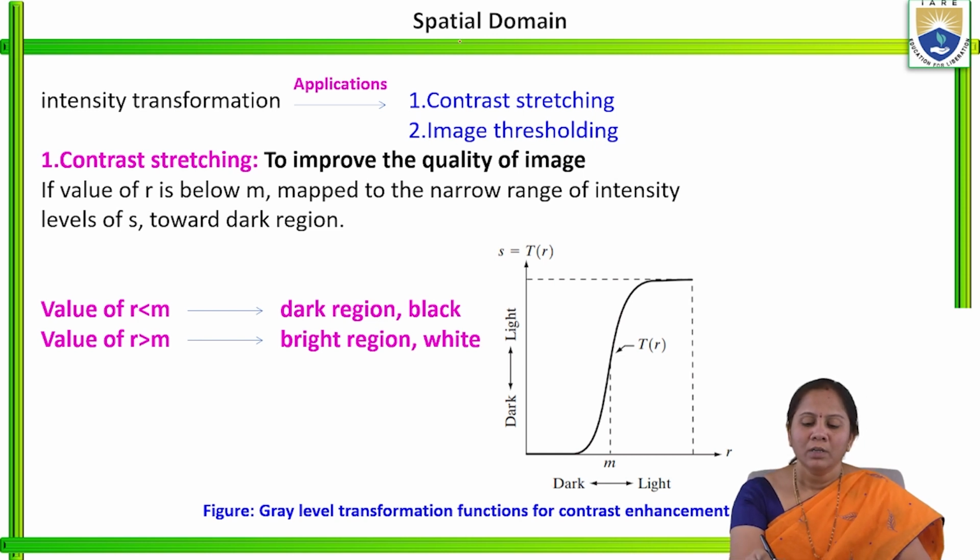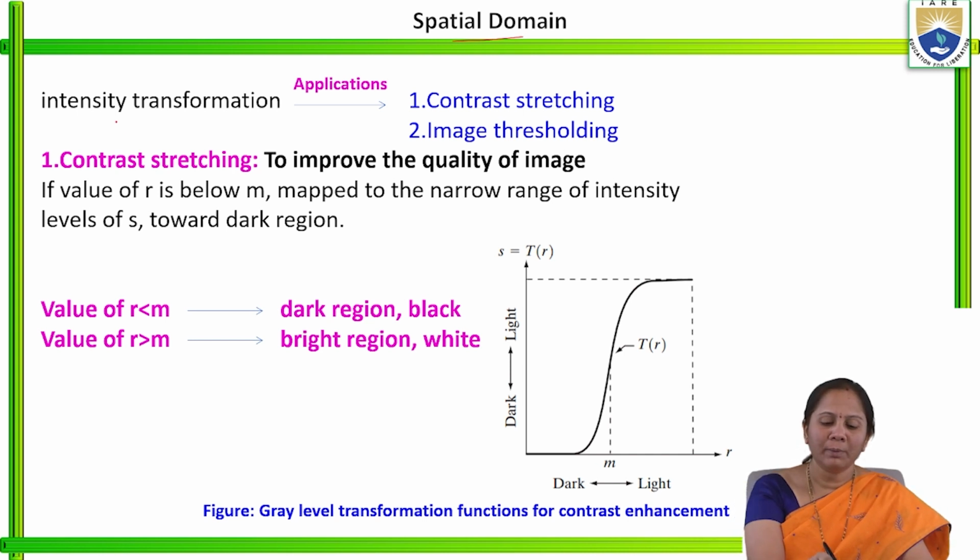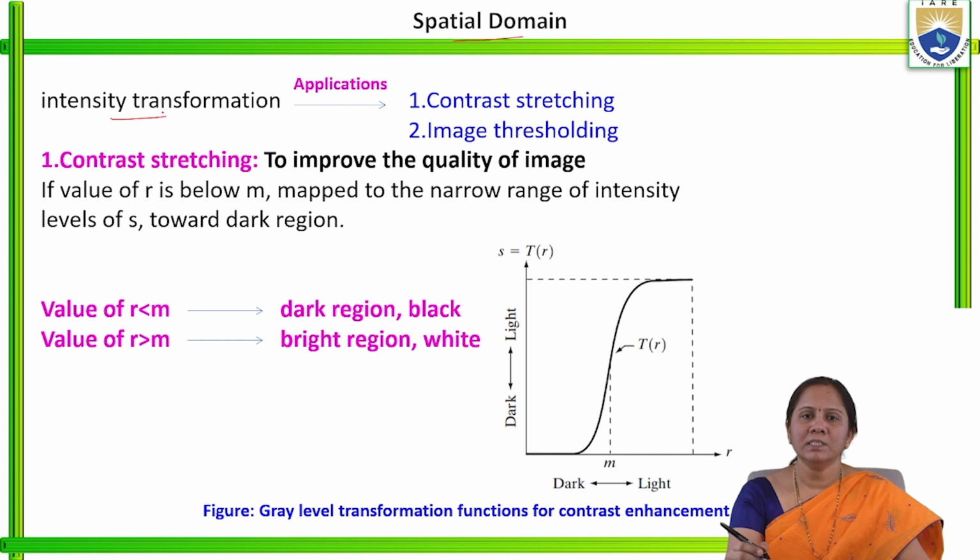Now, in the spatial domain, if you come across intensity transformation, we have different applications of it. Here are the applications: one is contrast stretching, another is image thresholding.